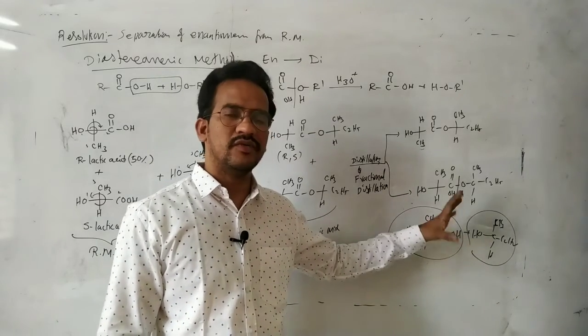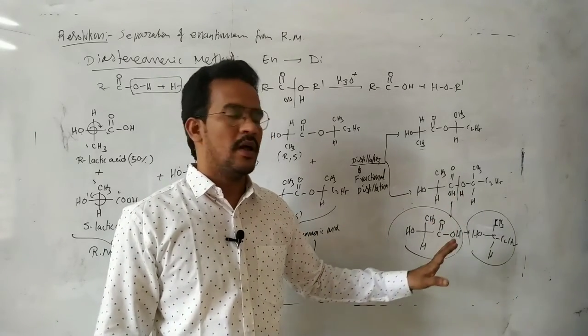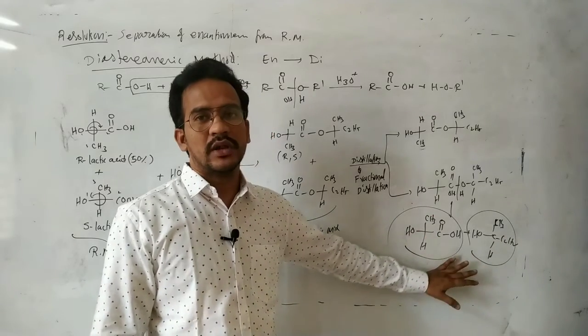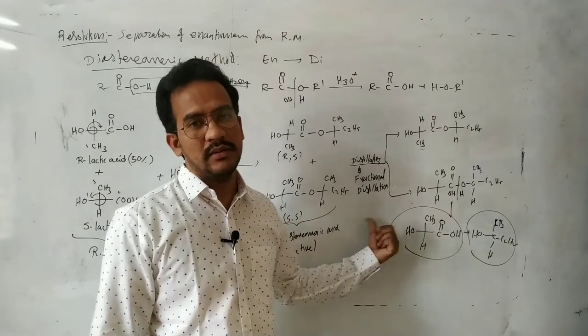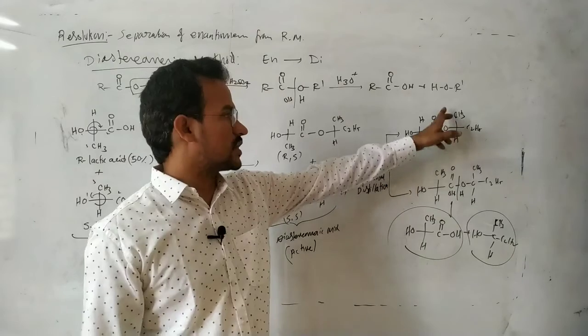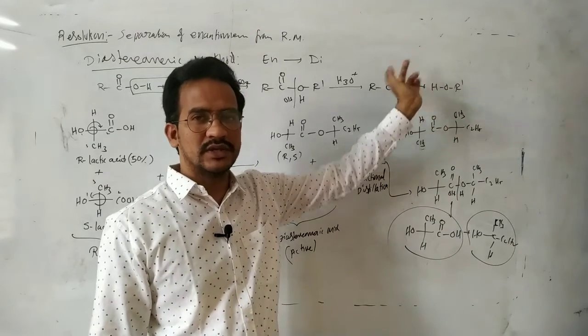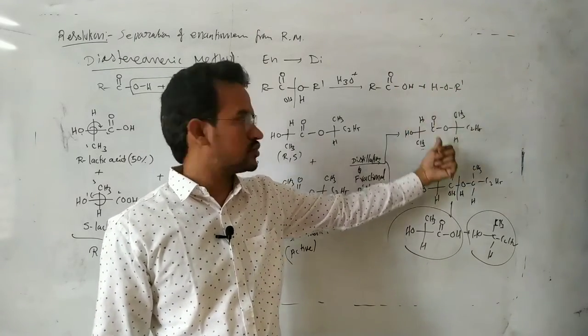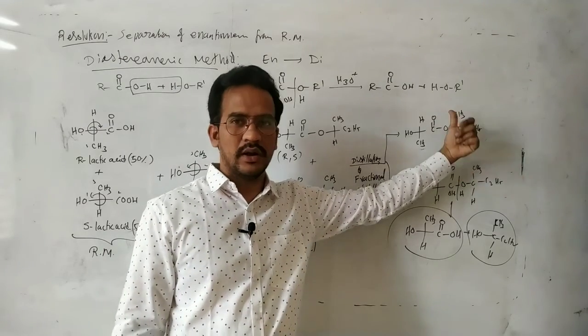These two compounds are different compounds having different boiling point or melting point or solubility. So again these two also can be separated by the physical method. Of course, this one also gets hydrolyzed, so that gives the enantiomer, optically active carboxylic acid and optically active alcohol.